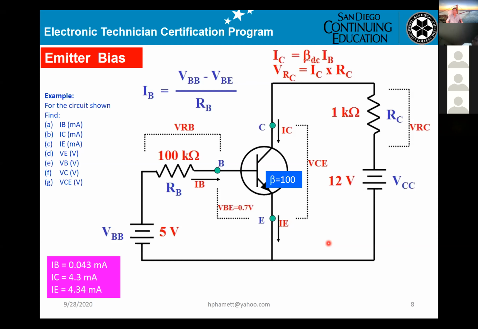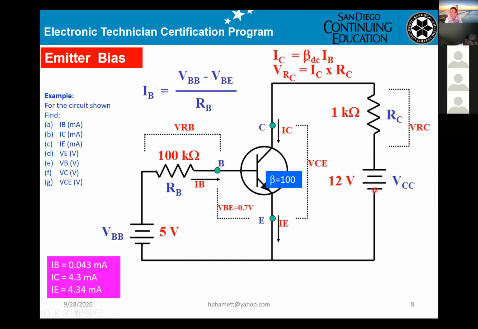So if you're doing it right, VC equals 7.7. Could you repeat the value of VC?